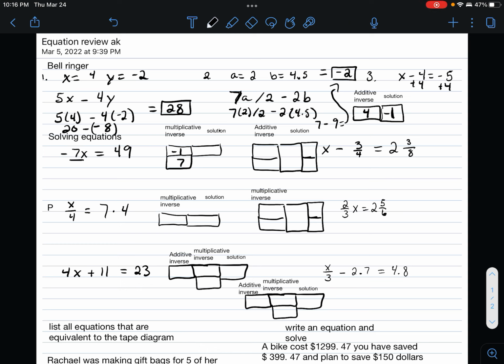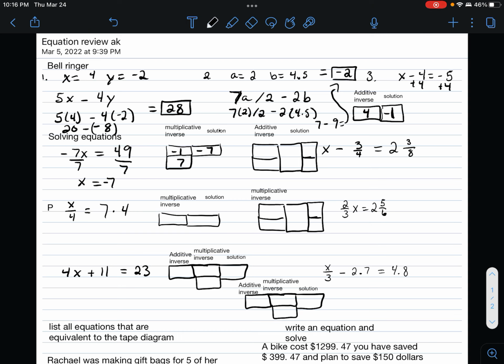Because essentially we are dividing by negative 7, which is the same as multiplying by negative 1 over 7. Okay, so when you divide both by negative 7, you're going to be left with x is equal to 49 divided by 7, which is just 7. It would actually be negative 7. So then here for our solution, you put in negative 7.